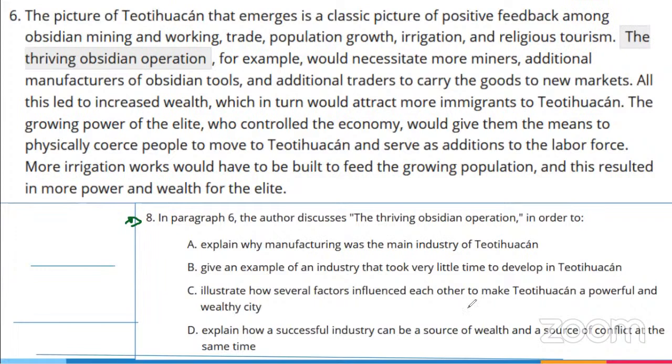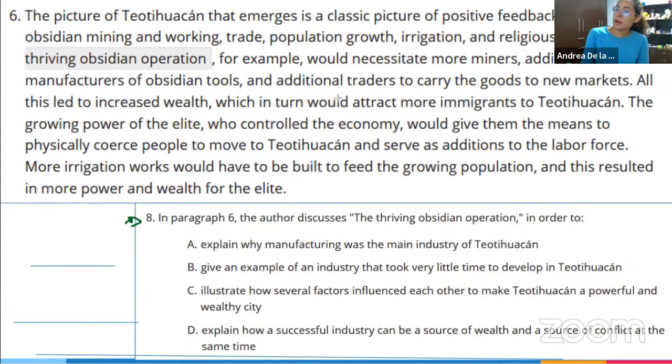All this led to increased wealth, which in turn would attract more immigrants to Teotihuacan, probably. Okay. All this led to increased wealth. I think, yes, in a way, but is that the main idea of the entire paragraph? That everything led to increased wealth in the city? What is all of this?